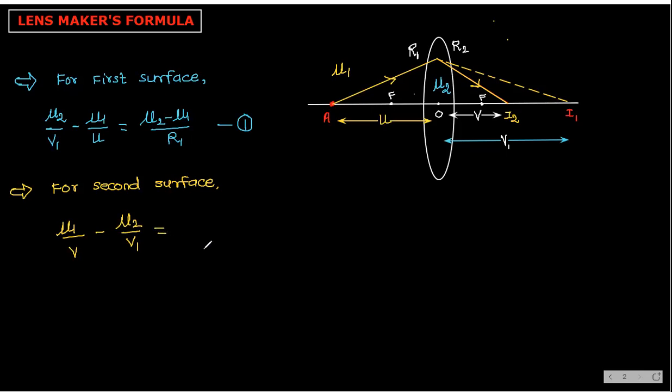This is equal to, what will you get here, mu1 minus mu2 divided by r2. Call this equation number 2. Any doubt till here? Please ask. Clear?